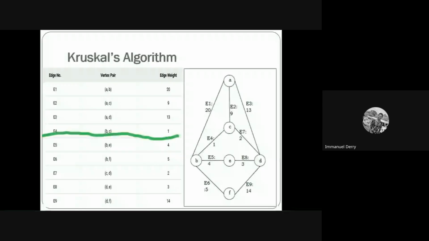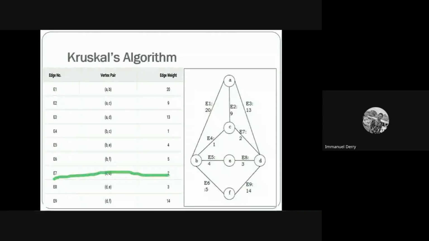If there's any case where this edge forms a circle, it will discard it and move on to the other. But since this is the first edge being picked, obviously it won't form a circle, so this BC vertex pair is going to be kept. Now it will move to the least one, which is E7.